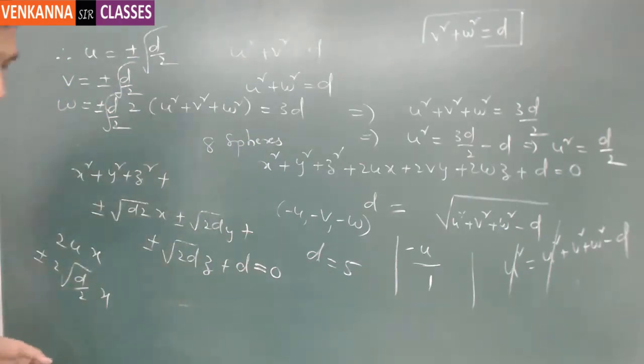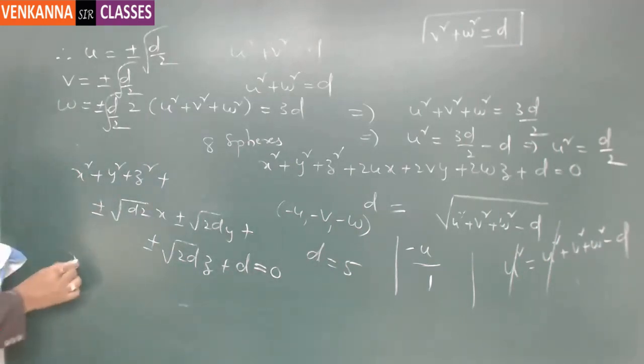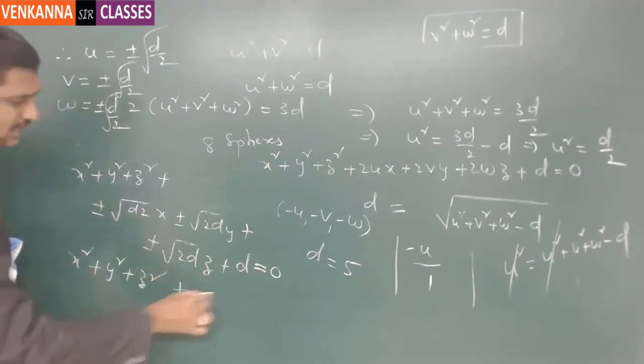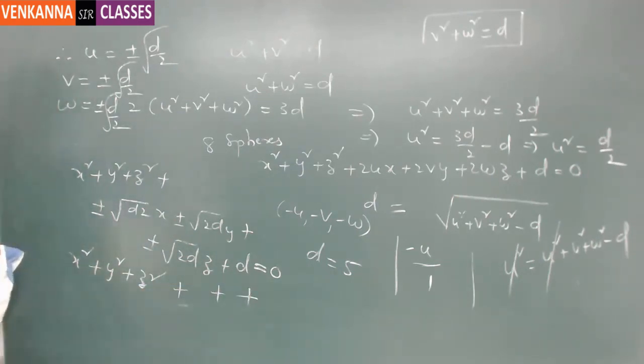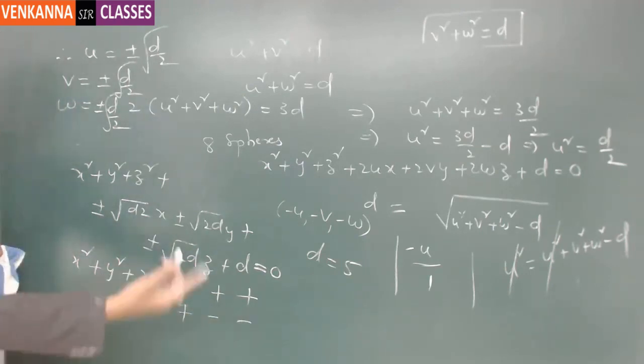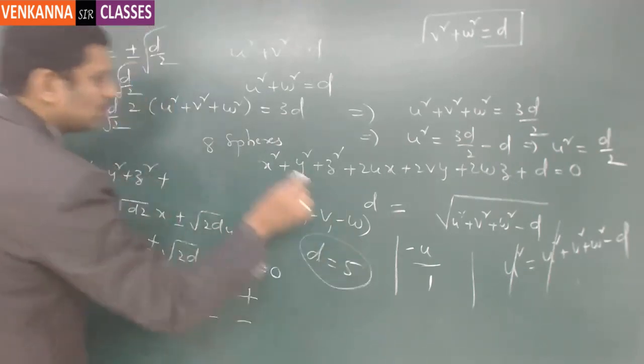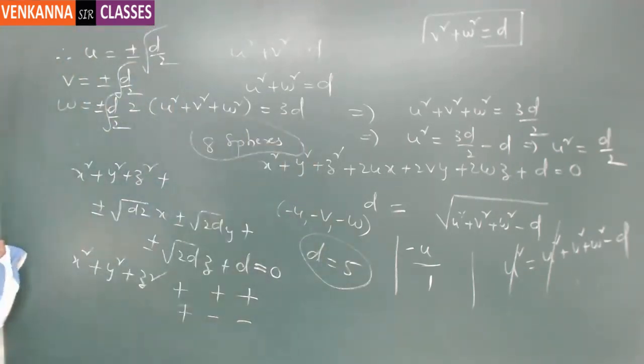Then x square plus y square plus z square is common. You take the symbols as plus plus plus, you will get one sphere. Plus minus minus, you will get another sphere. So by varying the symbols here, for a single d value, you will get 8 spheres. That was the conclusion of the problem. Okay. Did you get the logic or not?